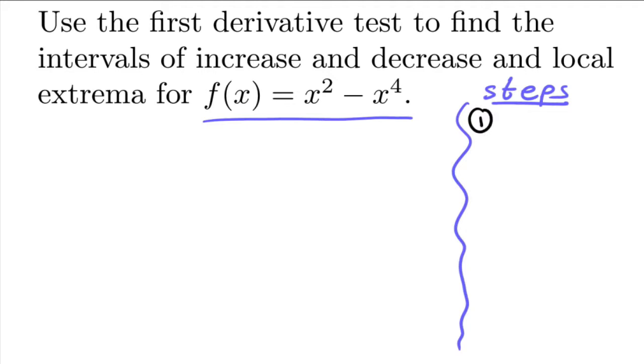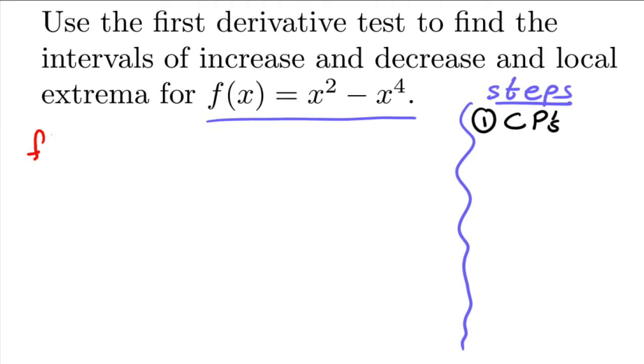The first thing that we need to do, as usual, is find the critical points. So we're going to find the derivative, which is 2x minus 4x to the third. Then we set it equal to 0 to solve.